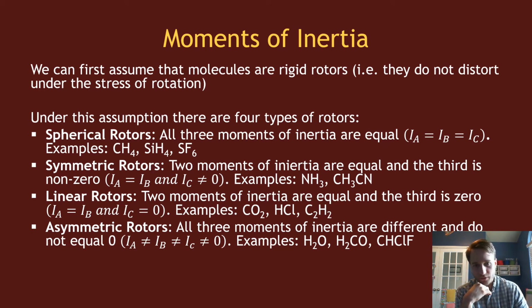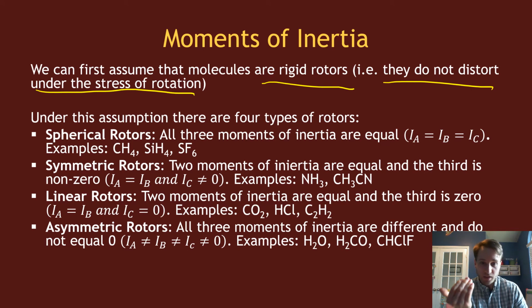We're going to focus on rigid rotors, meaning that they will not distort under any type of stress of rotation. This is an approximation. Obviously, when something rotates faster and faster, even a diatomic molecule, around this axis, that rotation eventually is going to cause that bond to lengthen, which is going to change its moment of inertia, which is then going to change the energy level separations and all sorts of things.